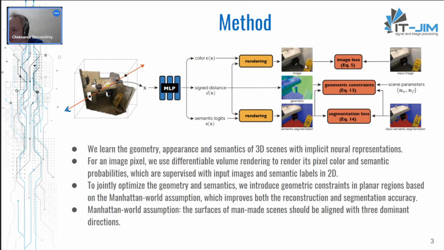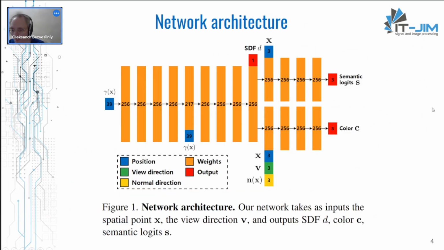So this is the illustration here. The outputs of the network, and renderings here, and different losses to improve both segmentation and 3D scene geometry. Here, and this is the network architecture they used here.